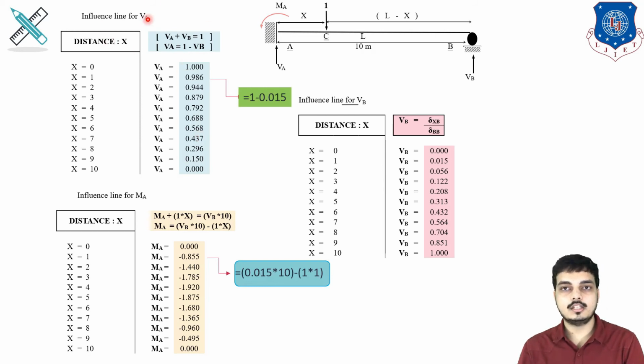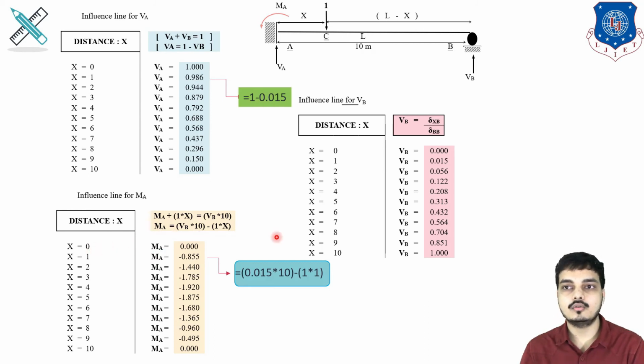Now the relation we formed for VA, similarly we have to form for MA. Here MA has been assumed clockwise. So MA plus 1 into x equals to VB into 10. So MA is nothing but VB into 10 minus 1 into x. With the help of this equation, we can find the entire value of MA. Look how. MA equals to VB into 10.